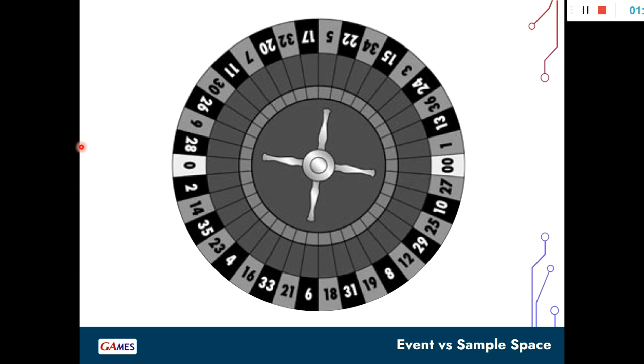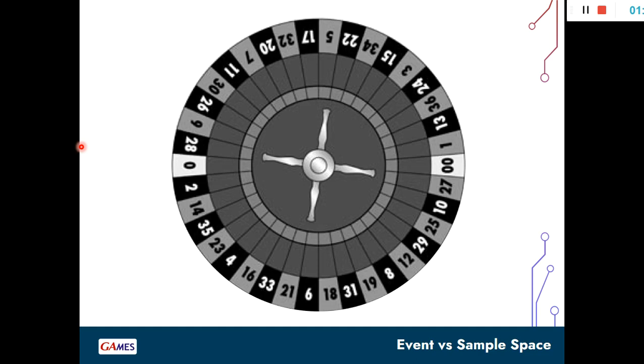We have computed the probability of getting an 8. The number of outcomes for an 8 is 1, and the total number of outcomes possible in that sample space is 38. Now, what if we want to talk about the probability of not getting an 8? How are we going to get that probability?